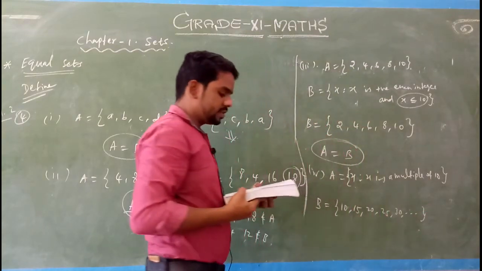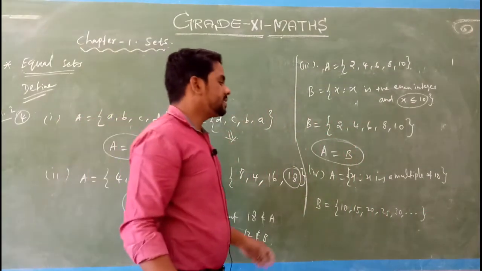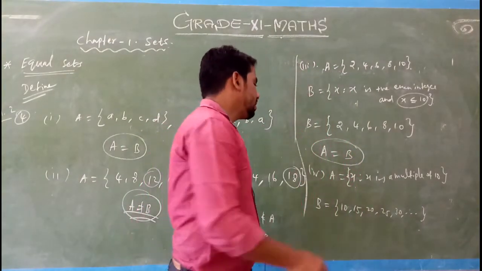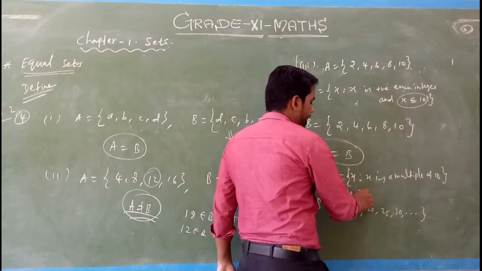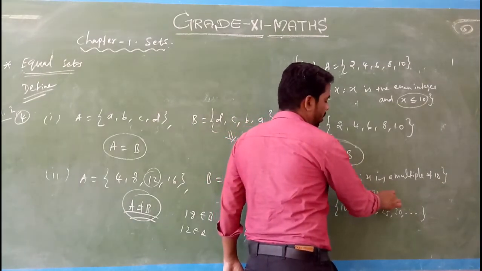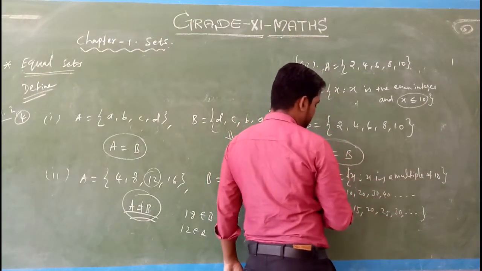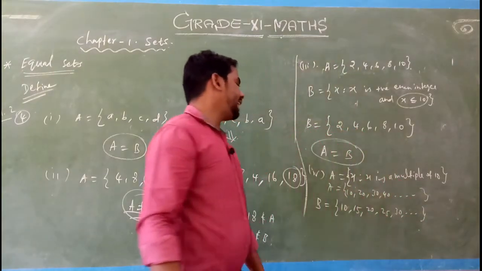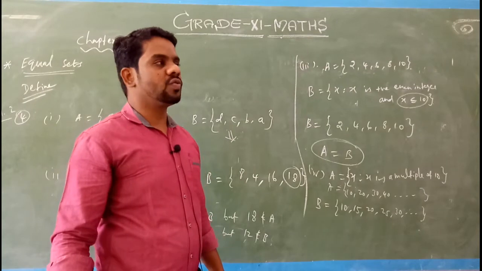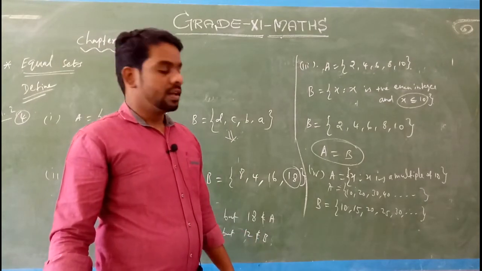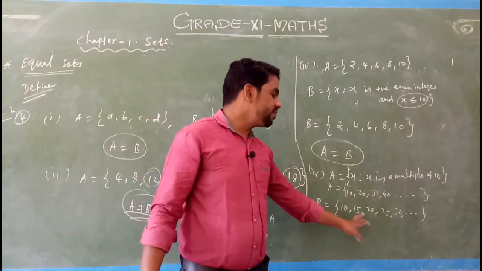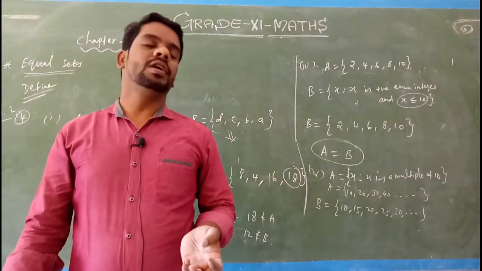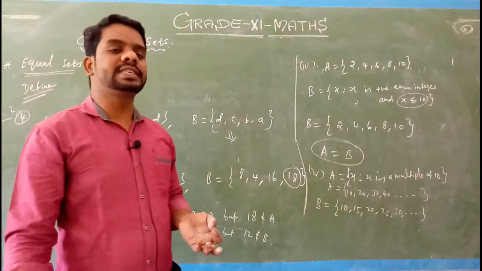Listen students, in set A, x is a multiple of 10. You know that the multiples of 10 are 10, 20, 30, 40 and so on. So this is A. But B has 10, 15, 20, 25, 30 and so on: multiples of 5 greater than or equal to 10.